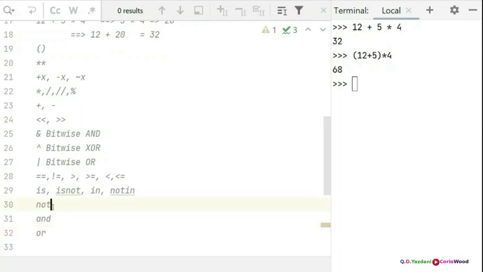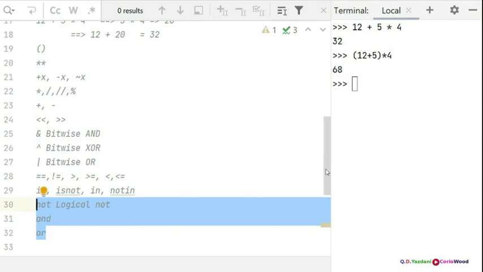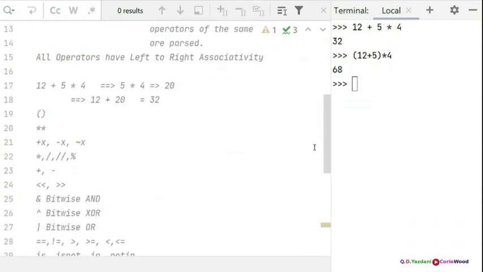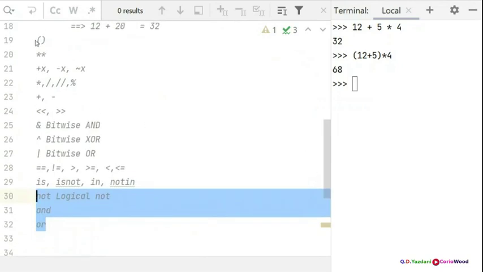Keep in mind they're all logical, as we said in the previous video, where we tested it. The logical operators come here at the end, because they test whether something is true or false. If you guys want to write this down, you can.